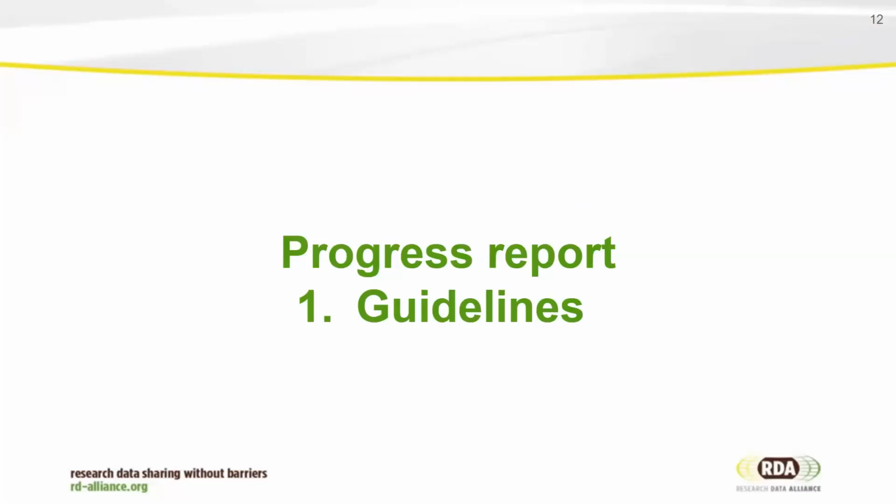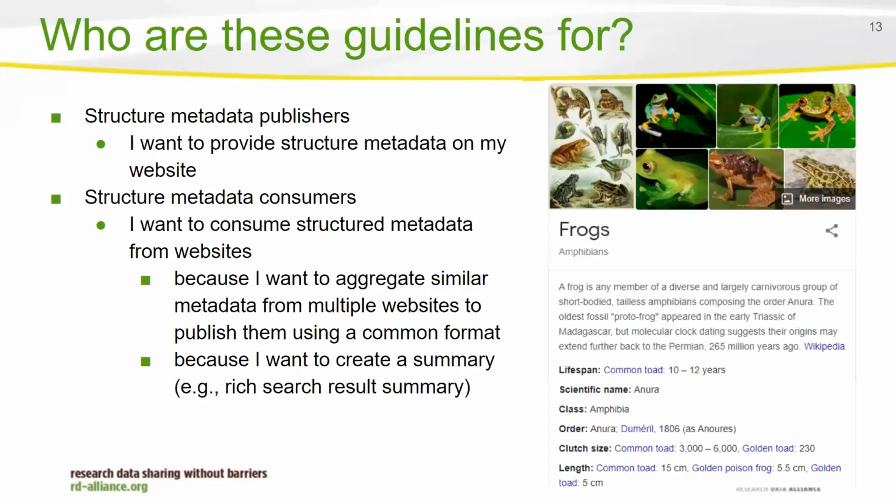Now let's move to the very first point in our agenda, which is the progress report on the different deliverables that we are working on. Let's start with the guidelines. We are creating guidelines for two main personas.